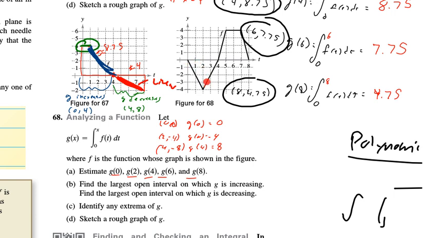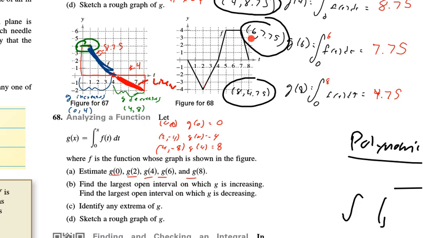Once it hits 4, we have some positive area here, so now my graph starts to increase. But it's still in the negative area until it has grown enough to pass and become positive. We have to overcome this negative 8 deficit that we've earned in this area over here.